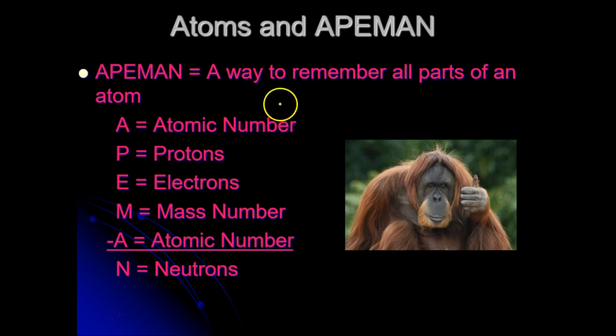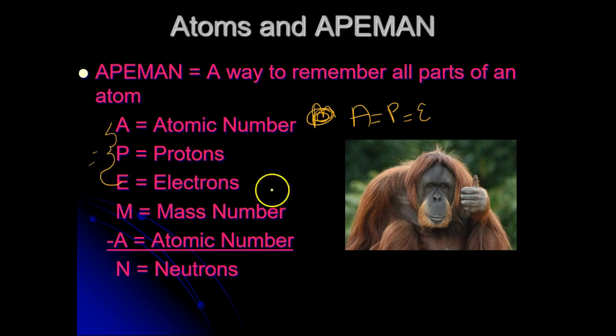Okay, so APE MAN is a way to remember all parts of the atom. You have A equals atomic number, protons equals electrons, APE. All of these are equal. Then you have the MAN, M minus A equals N. There's your subtraction.